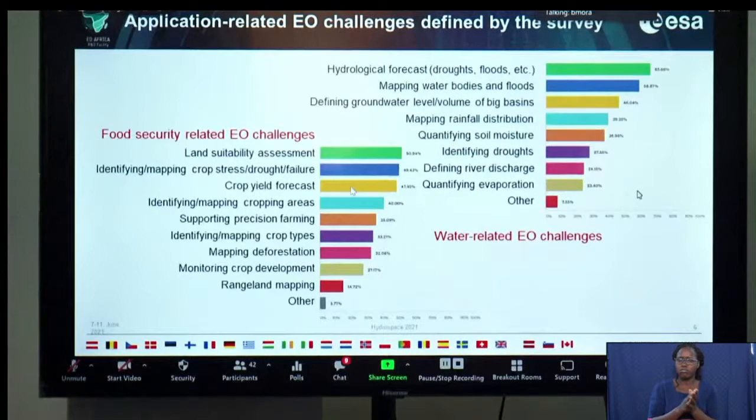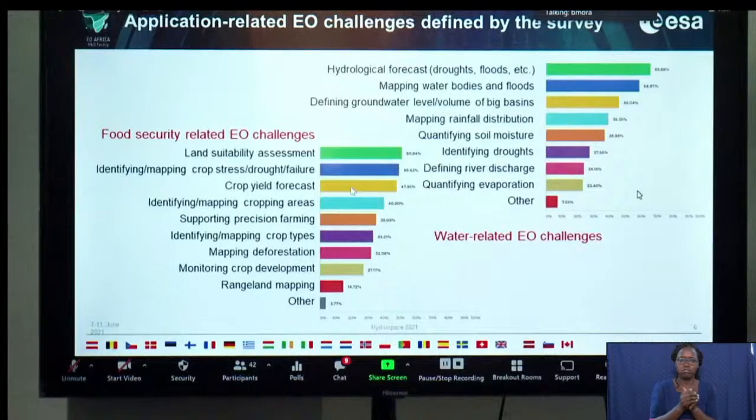Identifying crop stress or drought was also mentioned frequently. Crop yield forecast also. So those are quite advanced topics. They go beyond the rather simple agriculture mapping topic. So those are the next challenges, and they've been well identified and reported by our respondents.